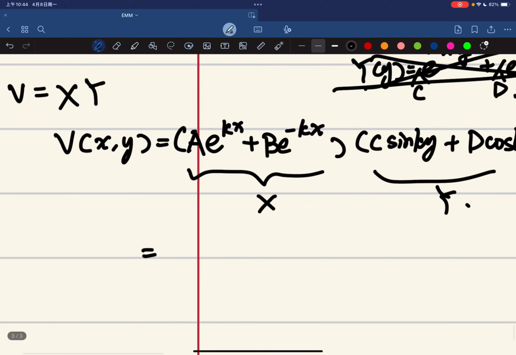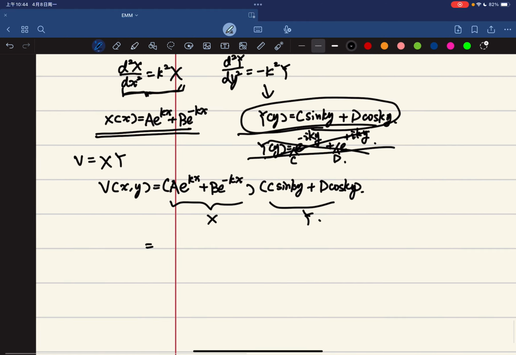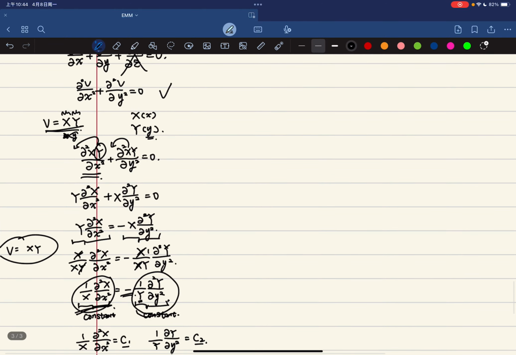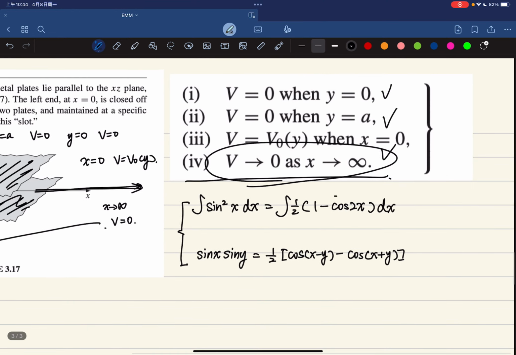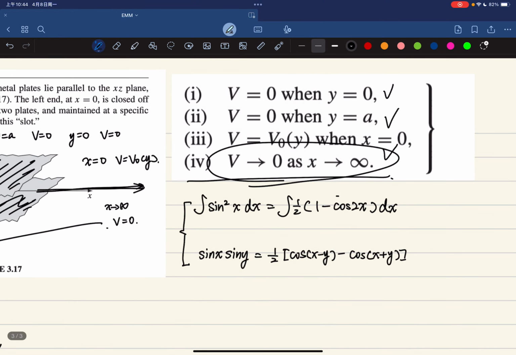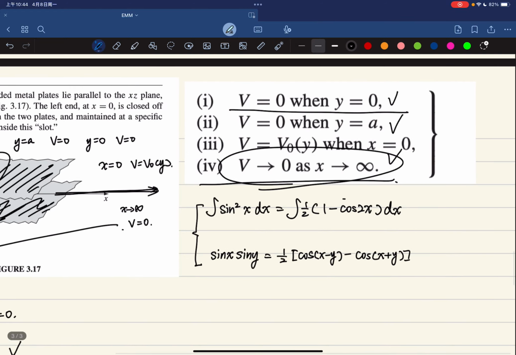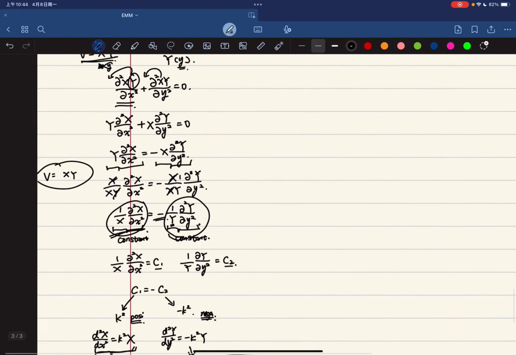Okay, now let's use the boundary conditions. You'll find that actually the entire EMM, the core is about the boundary conditions. So it says v equals 0 when y equals 0, v must be equal to 0.